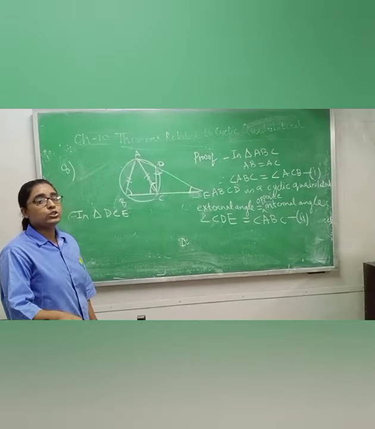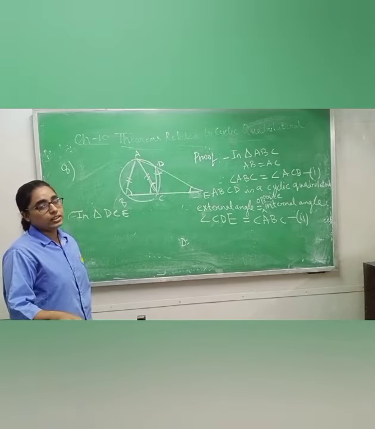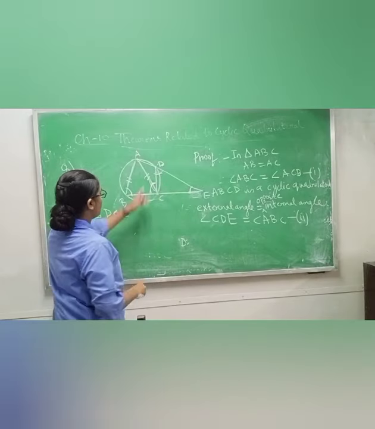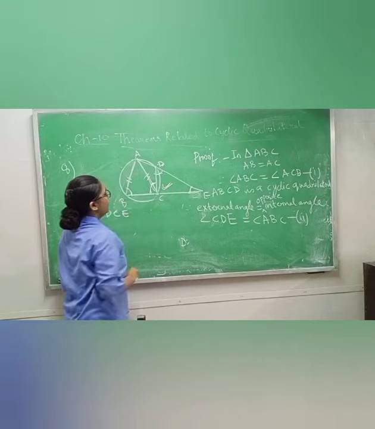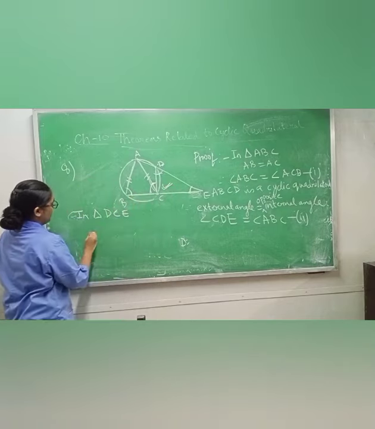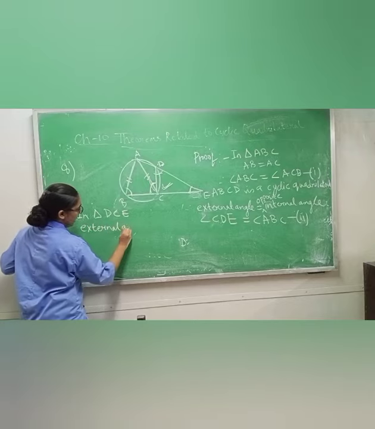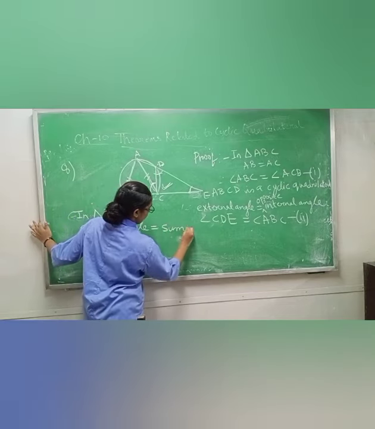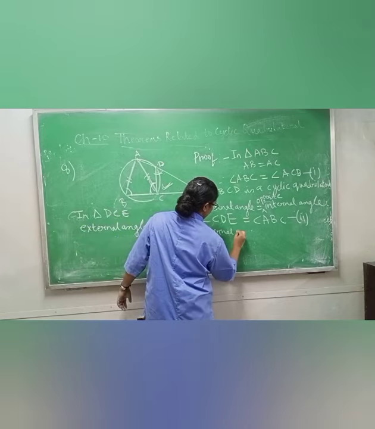But in triangle we know that external angle is equal to the sum of the opposite internal angles.